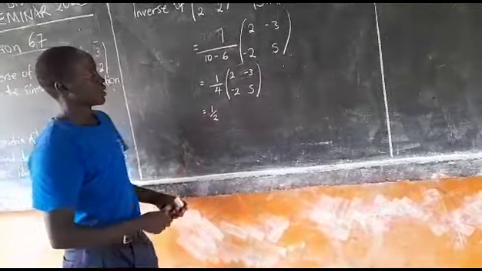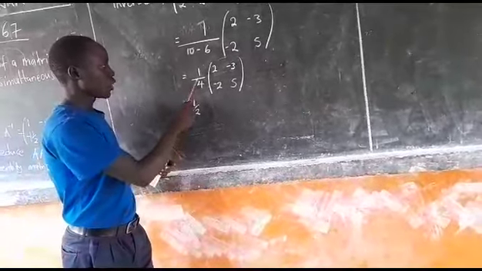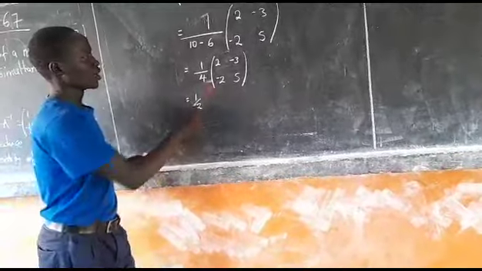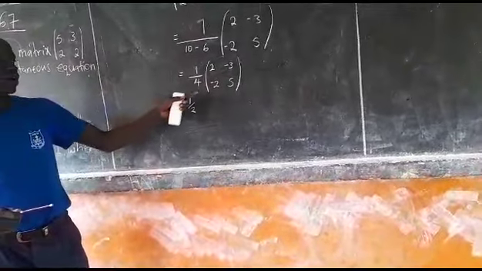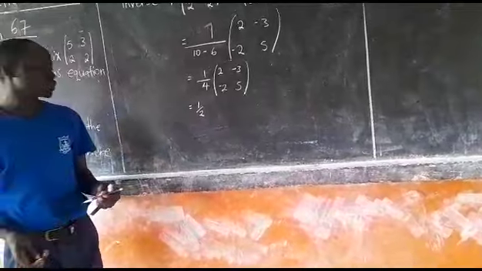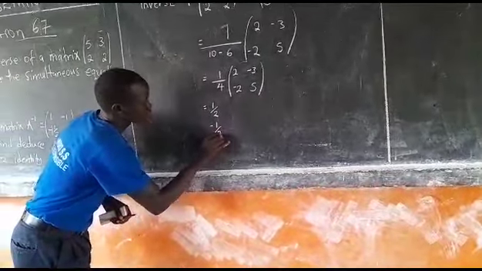And you're going to say this 1 over 4, when you multiply it by negative 2, it's going to be negative 2 over 4, which is also the same as negative 1 over 2.